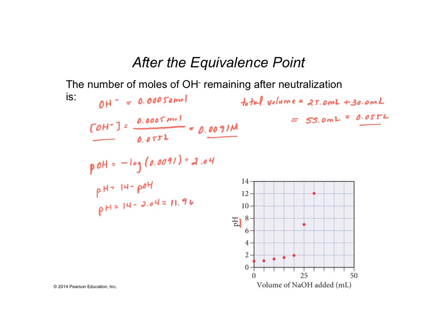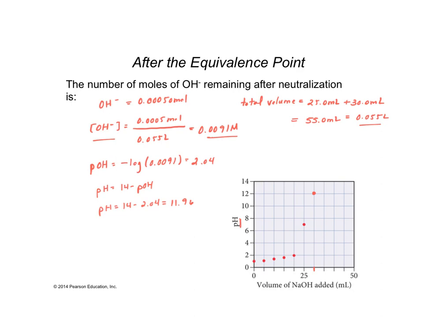So then we can go to our little 30 mils of sodium hydroxide and plot our 11.96 pH. Looks like it's above that. Anyway, okay, so that is how you would go about calculating the pH after we have passed the equivalence point. So now we have OH minus as the excess reagent.